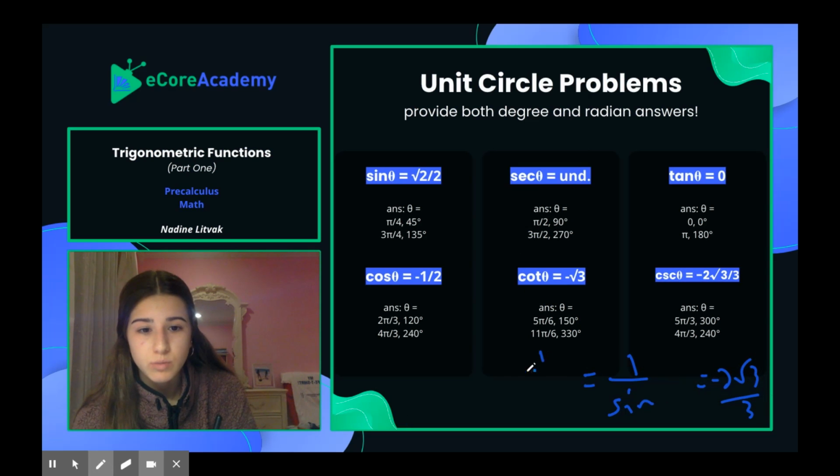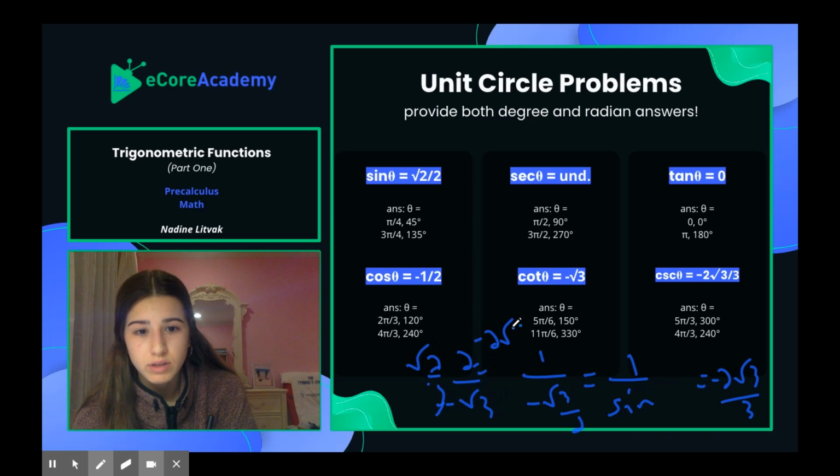We have to get this 1 over, and it has to be negative, right? So negative root 3 over 2. Right? So if we multiply by 2, that gets rid of the fraction in the denominator, so we would get 2 over negative root 3. However, we cannot have a root in the denominator, so we multiply by root 3 over 3. And we would get negative 2 root 3 over 3.